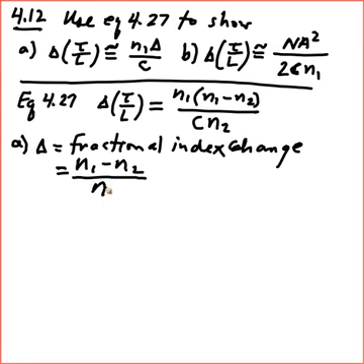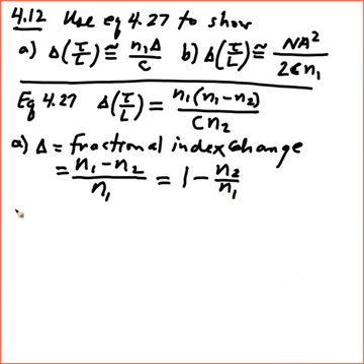over n1. n1's just slightly bigger than n2 usually, and so it's the fractional change as a fraction of n1. And so the very first thing we're going to do is rewrite delta, with a common denominator, as 1 minus n2 over n1, where n1 over n1 is 1.